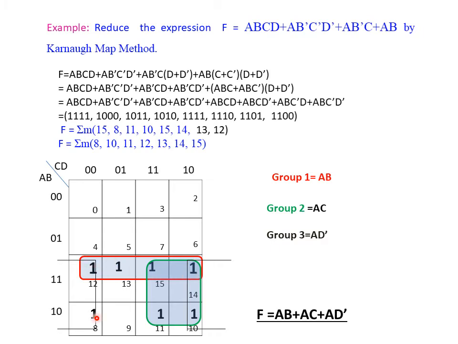And now for these ones, we have the possibility to group these 2 ones. So the answer for this green cell grouping is common A and C. And here this red cell grouping is A, B. And for this black color cell grouping the common is A, and the common between this first and last cell is D bar. So the final expression is this one.